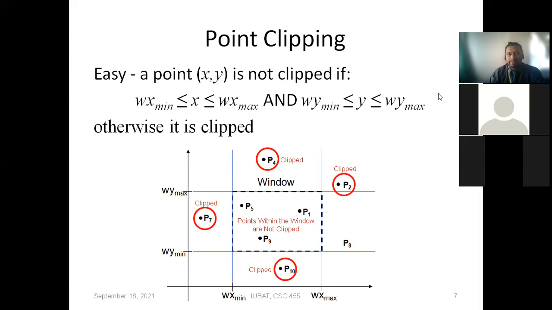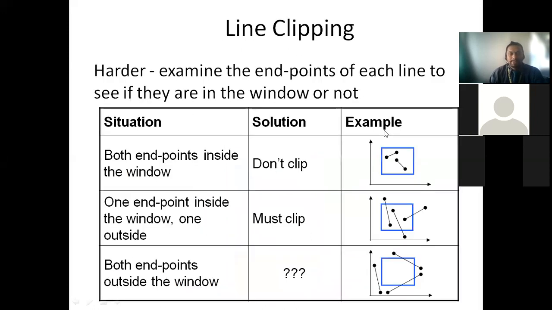In general, that is fine for identifying point clipping. But what happens when it is about a line? A line consists of points, but we always try to consider a line based on its endpoints.